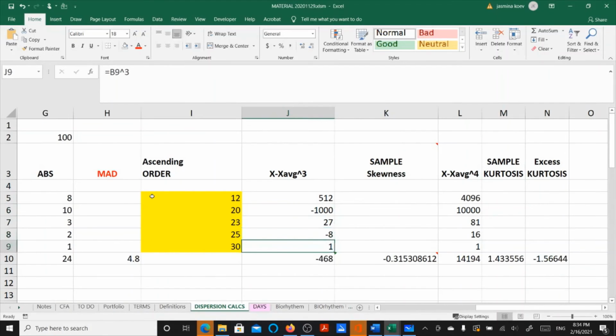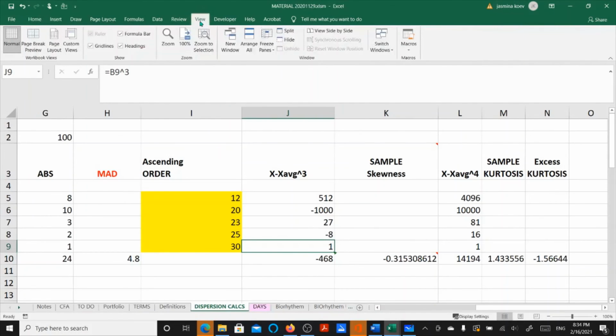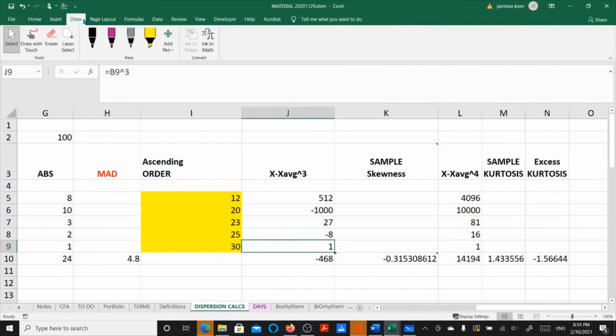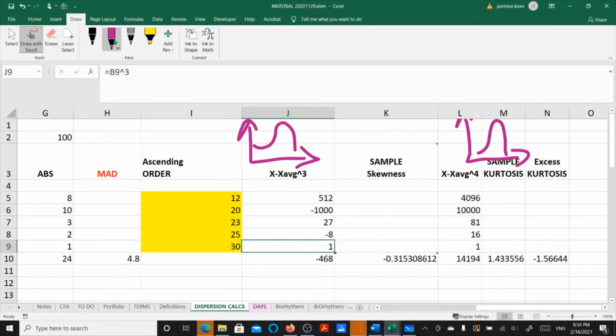This is skewness, and again, just to make sure, here I'll do, where is draw? Just to remind you of skewness, this is skewness. To remind you of kurtosis, I'm going to do normal, and then I'm going to do another one so you can see the difference.